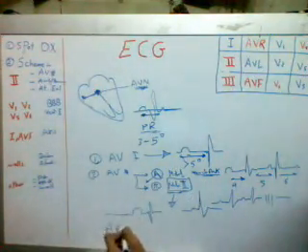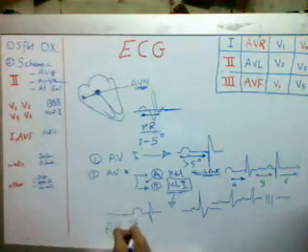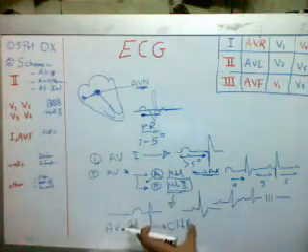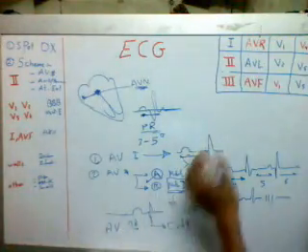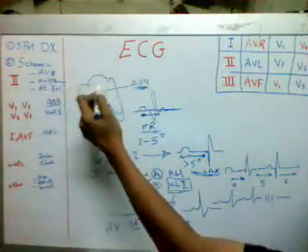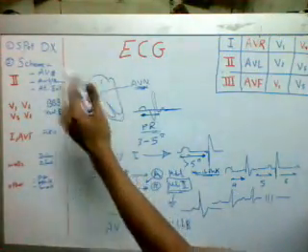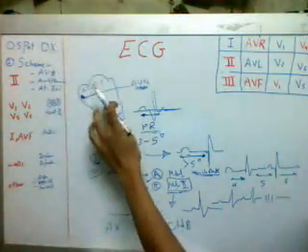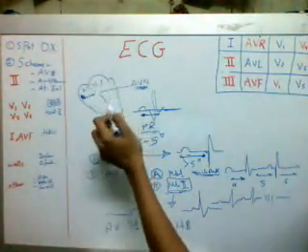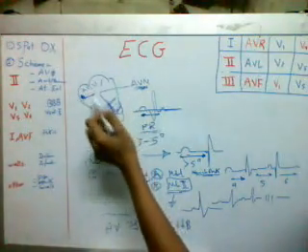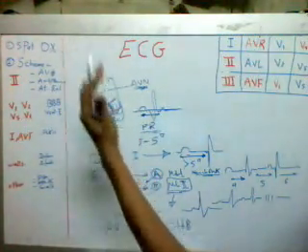AV block, third degree, I mean complete heart block. What do you see in complete heart block? This is a complete block of the AV conduction. So the atrium contracts with its own rhythm from the SA node, its pacemaker, and the ventricle contracts with its own pacemaker separately. There is complete dissociation between the atrium and the ventricle.